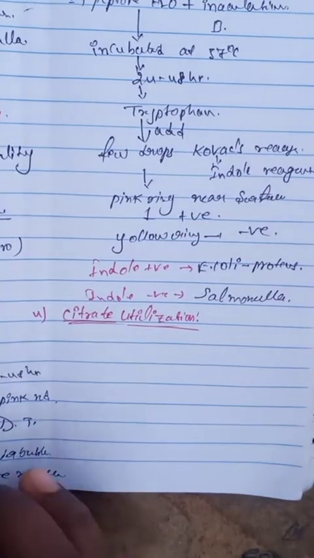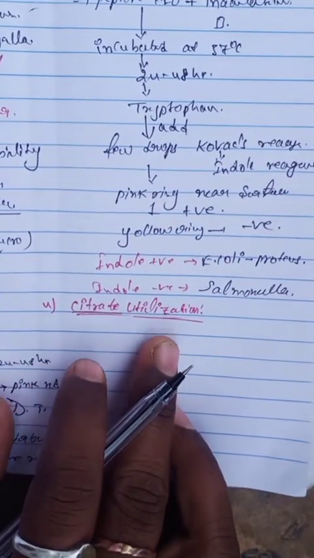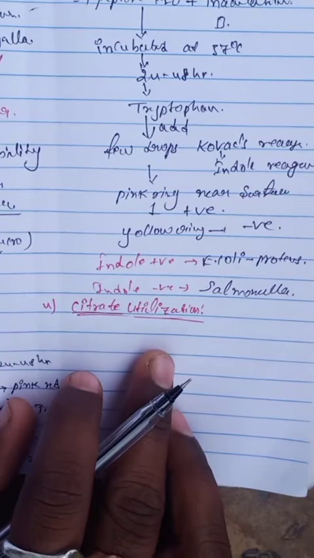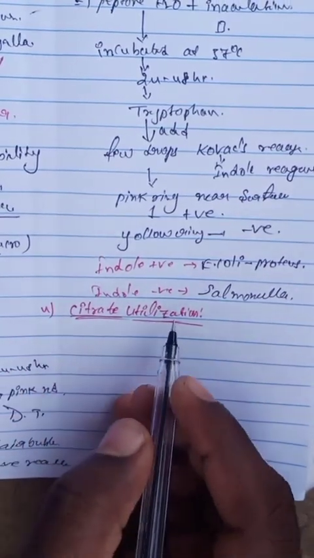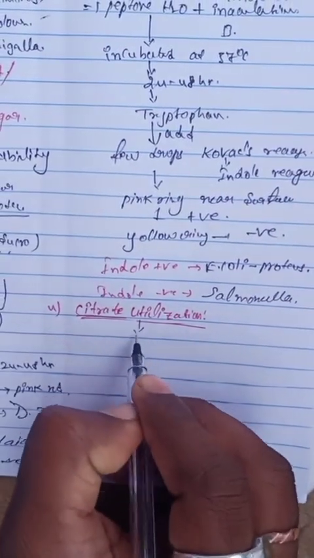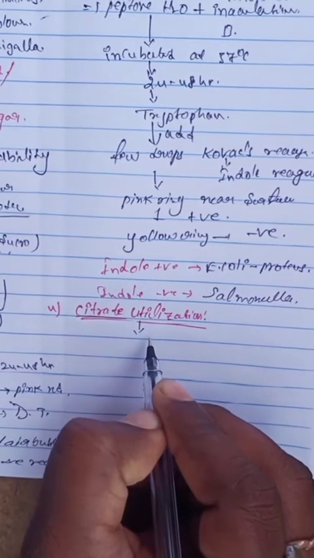The next test is the citrate utilization test. For the citrate utilization test we add one medium, known as Simmons citrate medium.